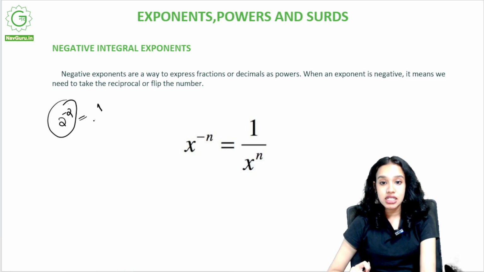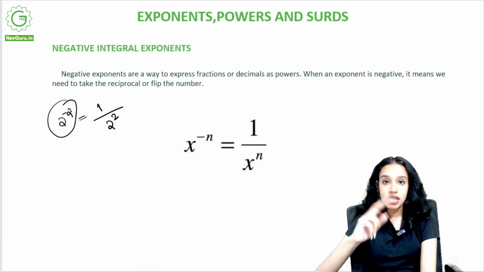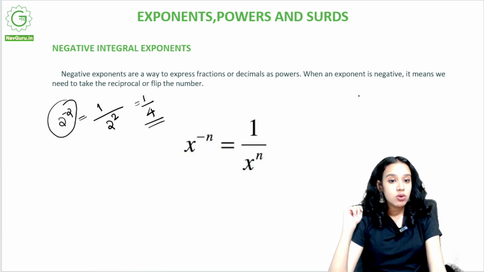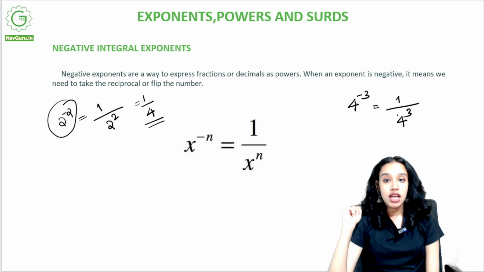This means that it's just 1 by 2 raised to 2. So negative means that we need to take the reciprocal of the number, right? This is equal to 1 by 4. Now, if we have a number 4 raised to minus 3, what does it mean? It just means that it's 1 by 4 raised to 3. Now, this is the condition of negative integral exponents, right?